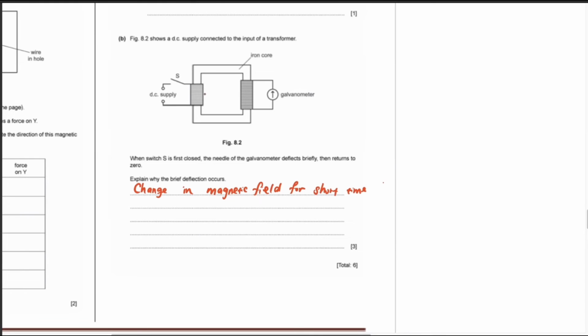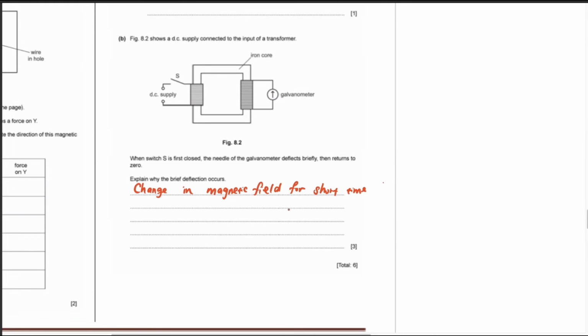You know, the current flows, then here becomes north pole, let's say, then they cut the secondary coil, and it will remain north pole all the time. So the cutting of the secondary coil is just one time. Just one time. So then it will just deflect a little bit, then go back already. Okay, so change in magnetic field for a short time.